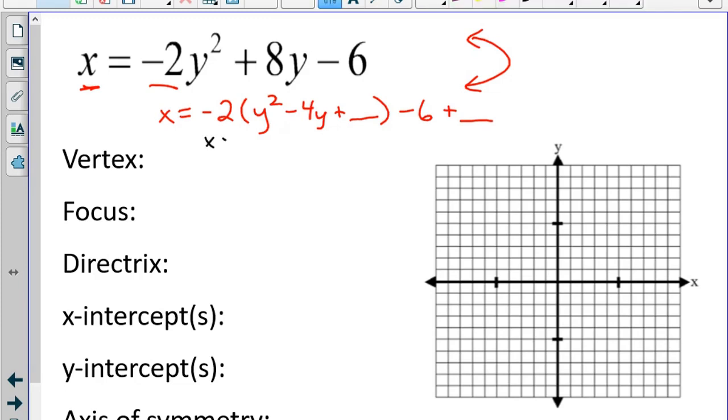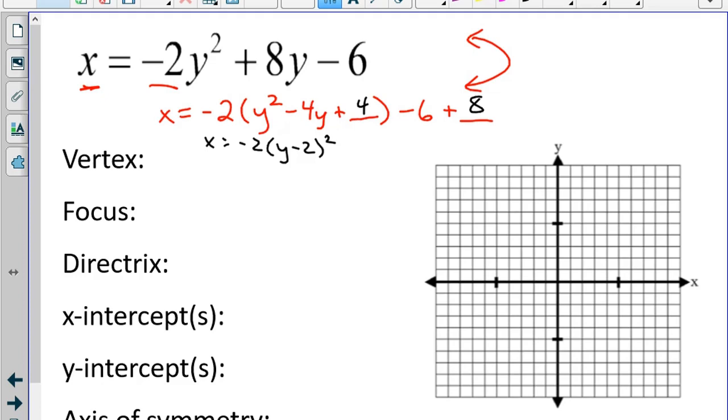So I have -2 times y minus 2 squared, and then -2 times 4 is -8. So I really added -8 to this problem, so that means I have to add +8 to keep it balanced, since I'm adding and subtracting the same thing from the same side.